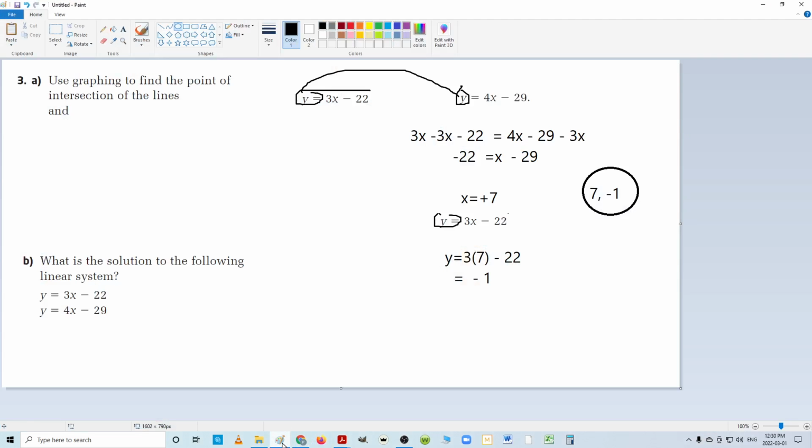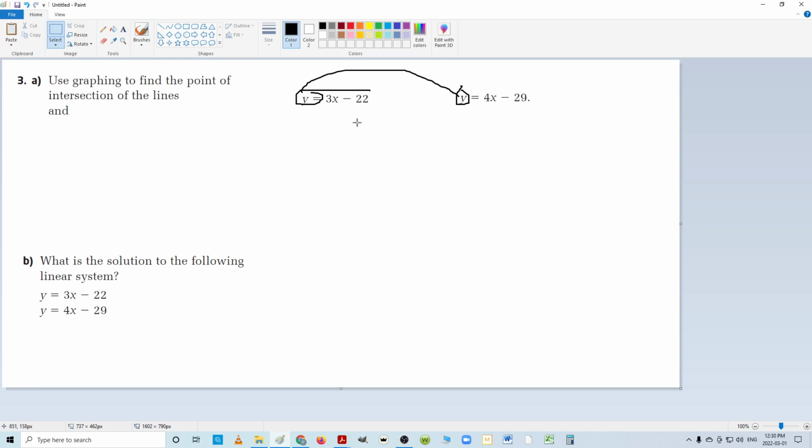By the way, you can also use the next method that we're going to use, which is elimination. These both want to use substitution, by the way. But let's look at elimination. In order to eliminate something, the numbers in front of the y or the x must be the same. Now I can see there's a 4 in front of this x, and there's a 3 in front of the other.